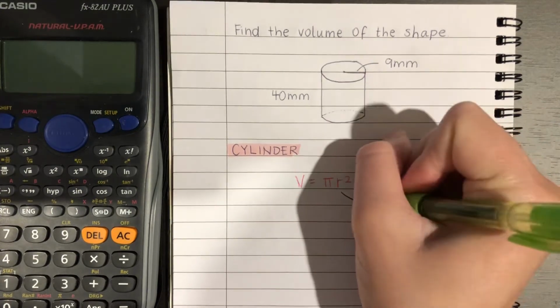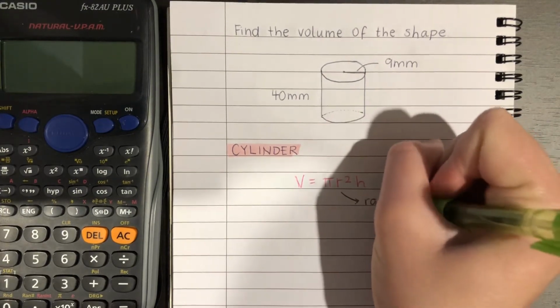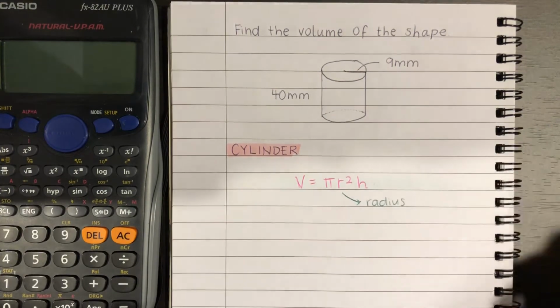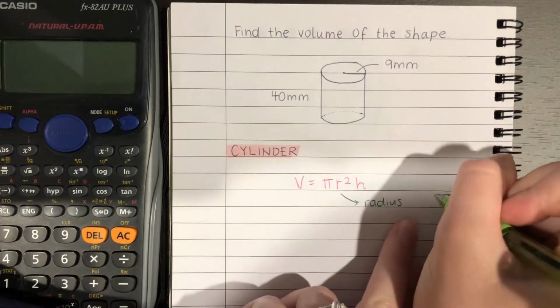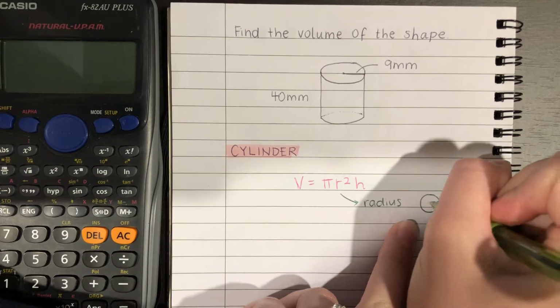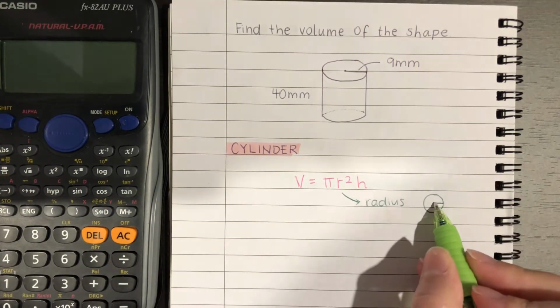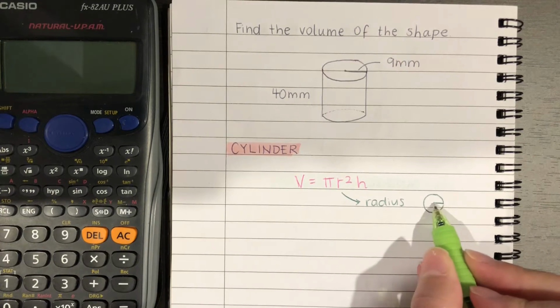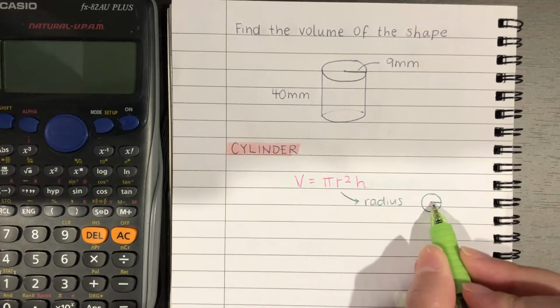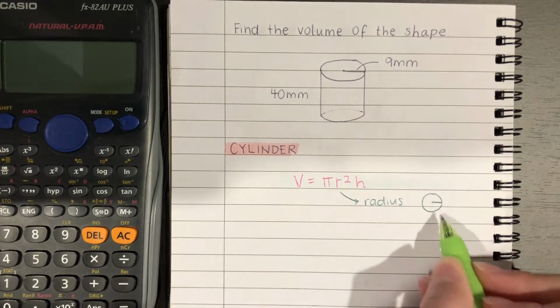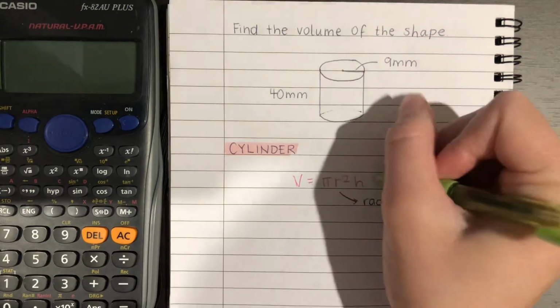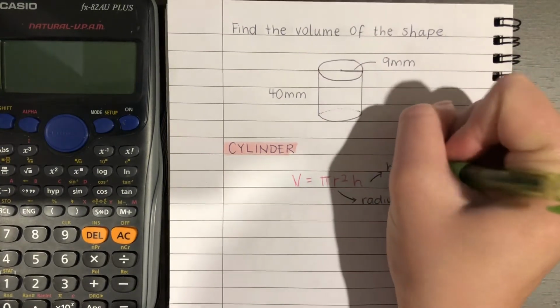The R stands for radius, which you should know is half of the diameter, so half of the length from the middle to the edge of a circle. And then H stands for height.